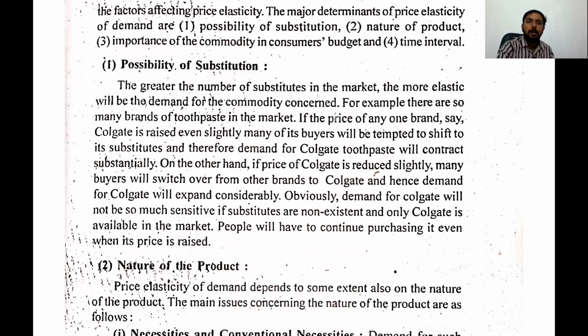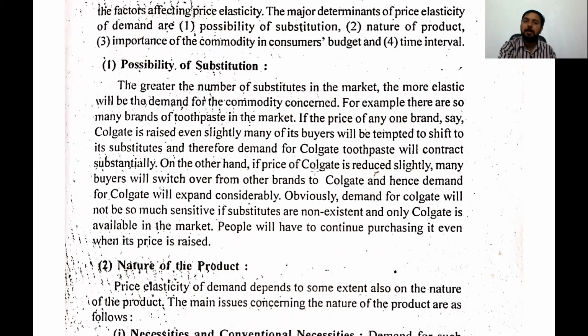So guys, the greater the number of substitutes in the market, the more elastic will be the demand for the commodity concerned. For example, there are so many brands of toothpaste in the market. If the price of any one brand, say Colgate, is raised even slightly, many of its buyers will be tempted to shift to its substitutes, and therefore demand for Colgate toothpaste will contract substantially.